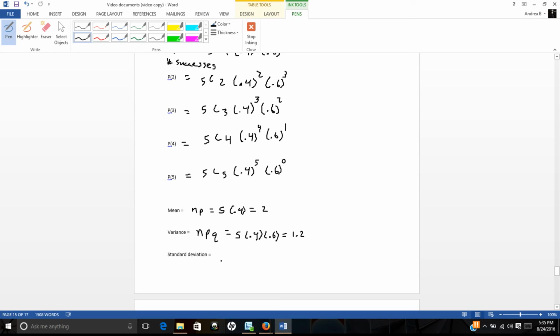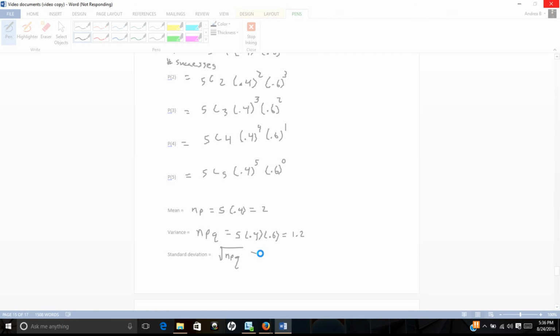And then for the last one there, remember, for the standard deviation, that's the same as the square root of our variance. So there we have to do the square root of our n times p times q. Or you can just write that as the square root of 1.2 there.